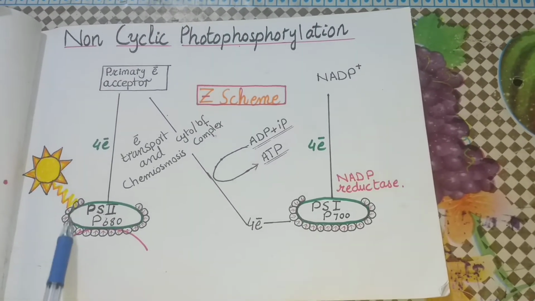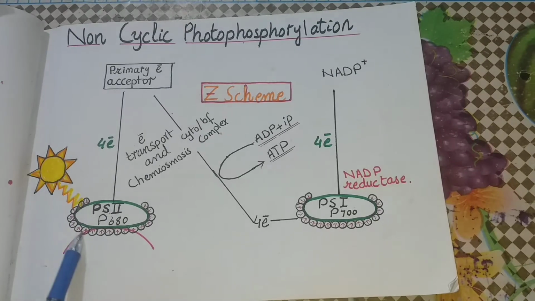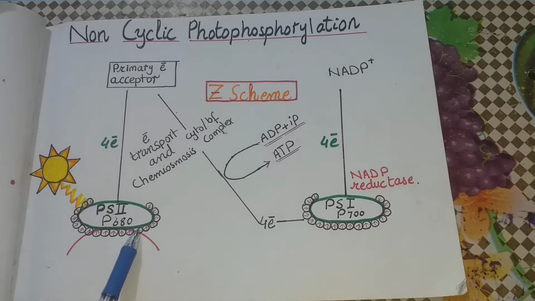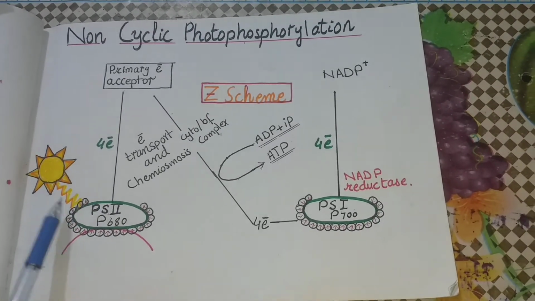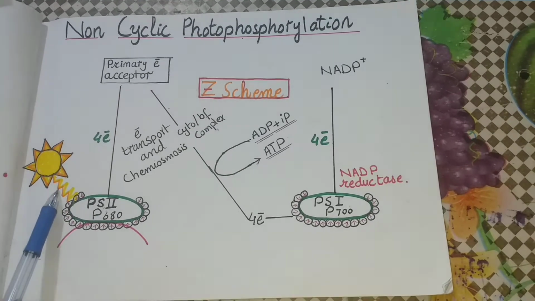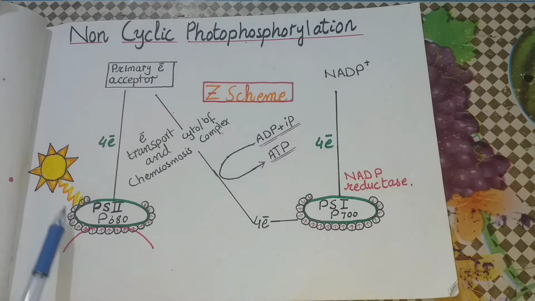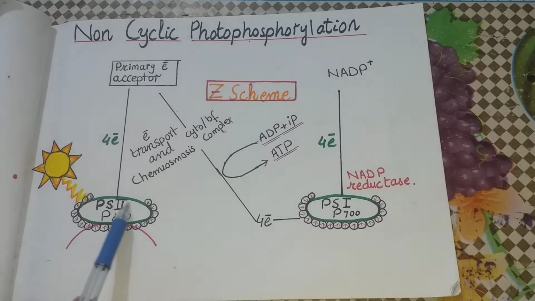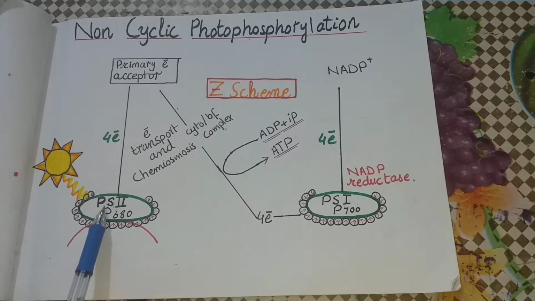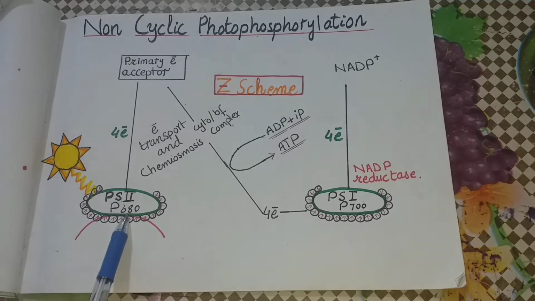This is a chlorophyll molecule and these are its associated molecules, which absorb light from the sun in the form of photons and get energy. They transfer their energy to the reaction center. The reaction center of PS2 is P680.